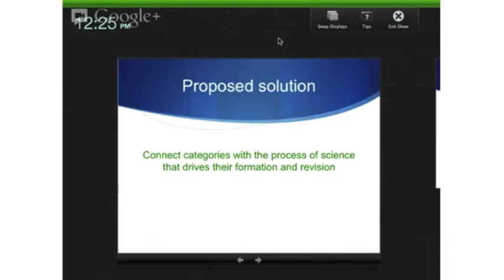I believe this will help us understand the deeper meaning associated with our knowledge and help us track and understand the evolution of our conceptual understanding. That's the problem and my proposed solution.